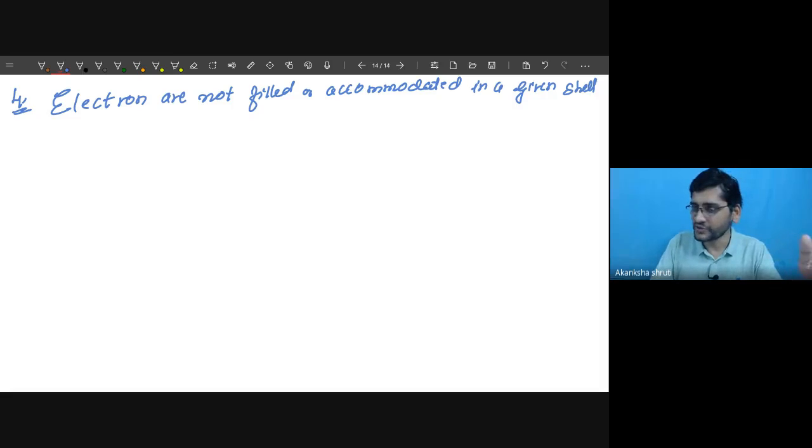First you have to go for the K cell, then the L cell. If both of these are filled, then it can go to the M cell. Okay, student?